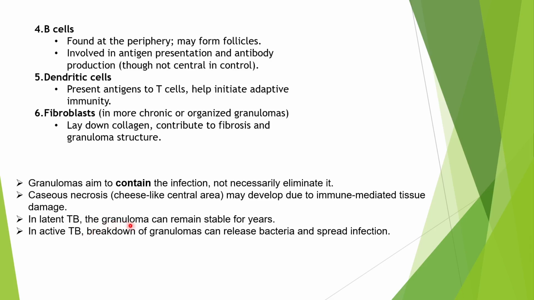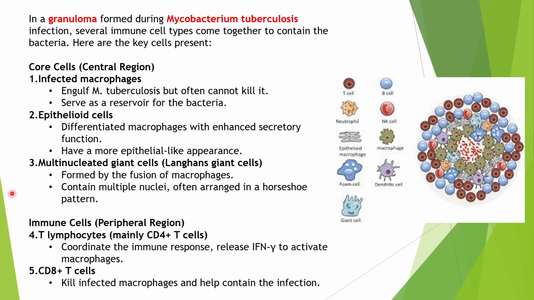So in latent TB, even though you don't have the symptoms or you don't have the effect much, the granulomas are still present and are stable for years. And in active TB, breakdown of granulomas can release the bacteria and spread the infection further. So this is the difference between this and also the different types of cells that are present in the granuloma.